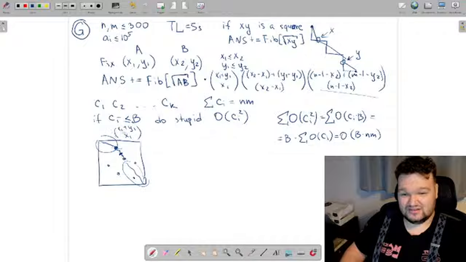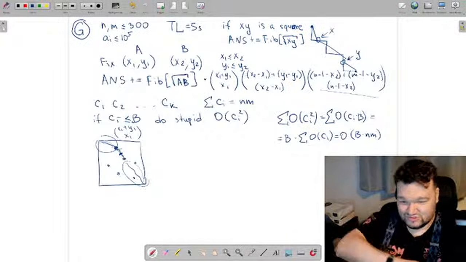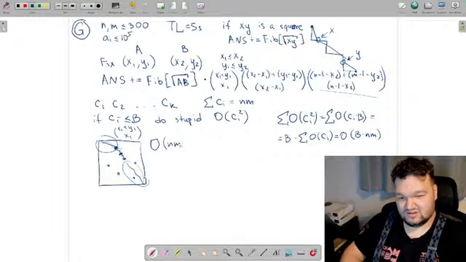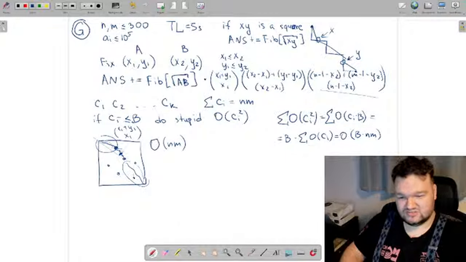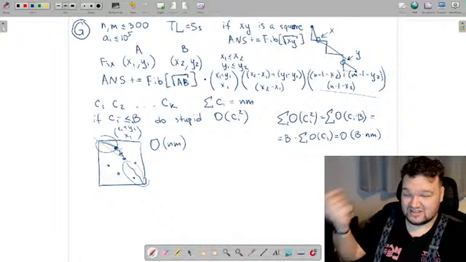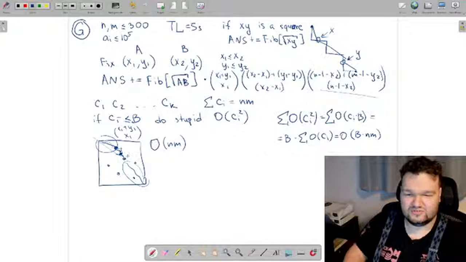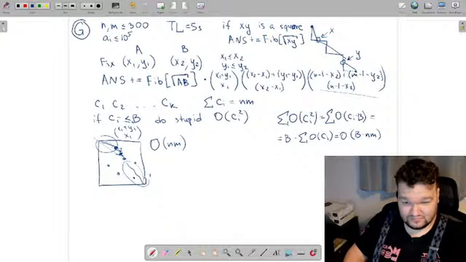We initialize for every start with this binomial coefficient and then push it in O of nm in that direction. So to reach this point, we either start there, or we come from the left, or we come from top. So we can do this DP in O of NM, so we can process one color in O of NM.